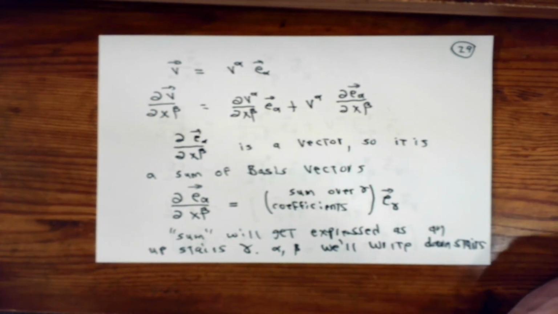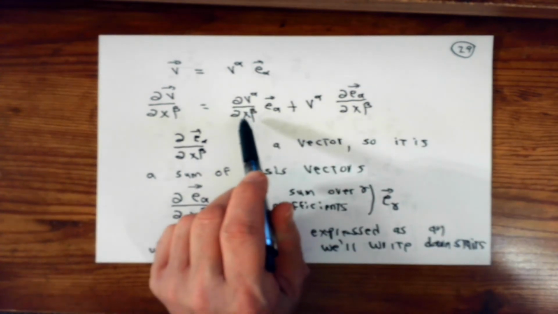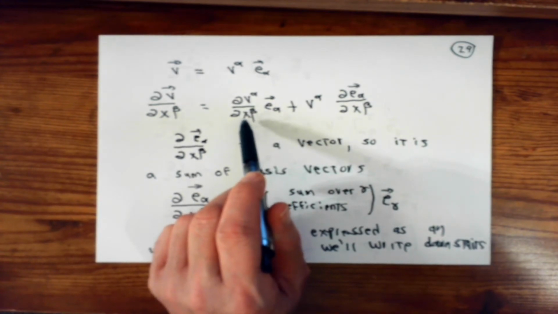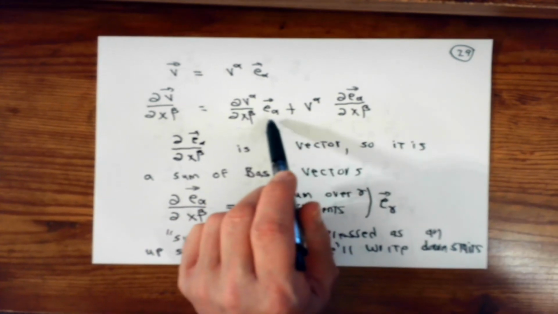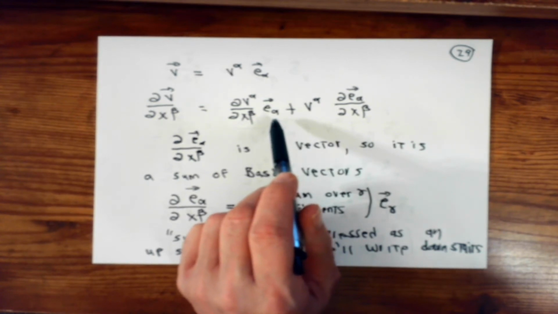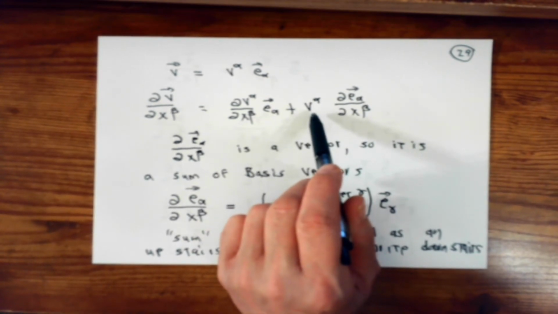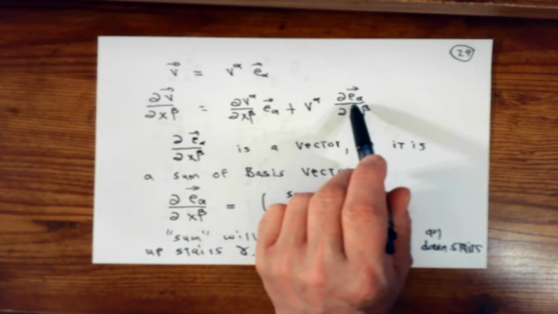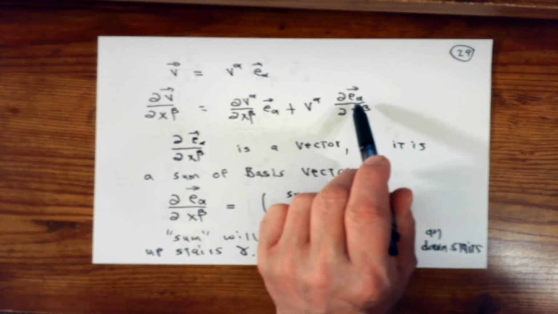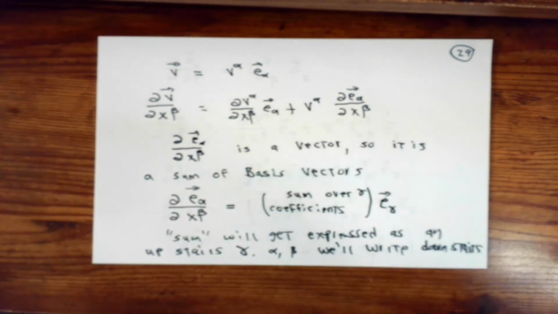If I want to look at the partial derivative of v with respect to x beta, it's the derivative of component alpha with respect to x beta times e alpha, plus component number alpha times the partial of e alpha with respect to x beta.